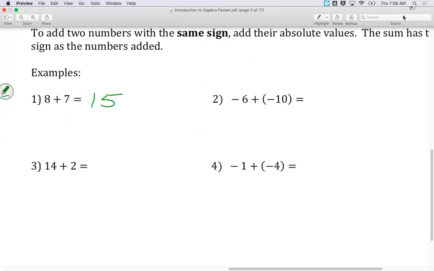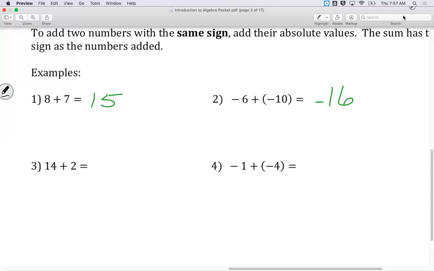Jack, how much would you owe me? Guys, you're killing me. It's going to be like me talking to myself the whole year. All right, the answer would be -16. If you borrowed 6 and borrowed 10, you borrowed a total of 16.